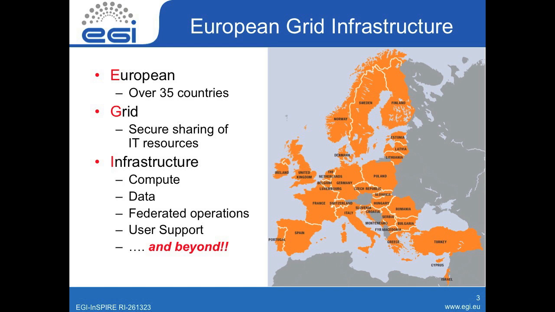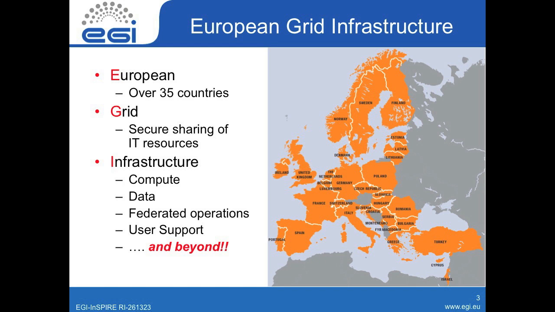Grid means that the grid aims to share and federate in a secure way distributed IT resources, part of this infrastructure. These resources can be either compute resources, so execution environment for computing tasks in clusters distributed in many resource centers over Europe and also outside Europe.